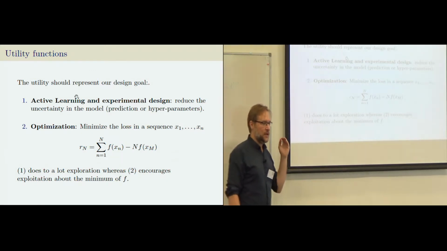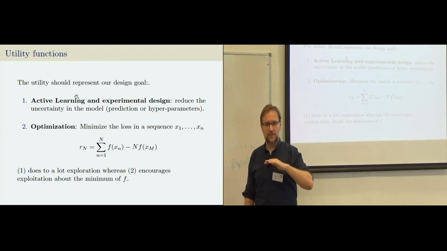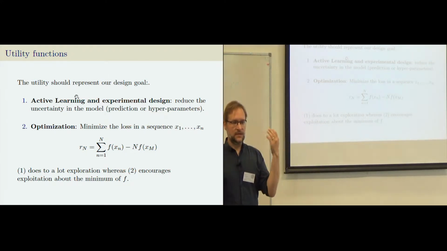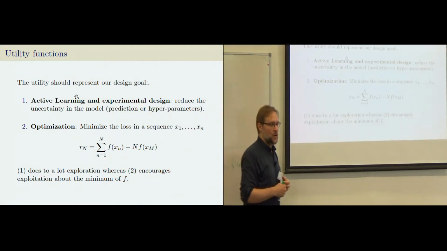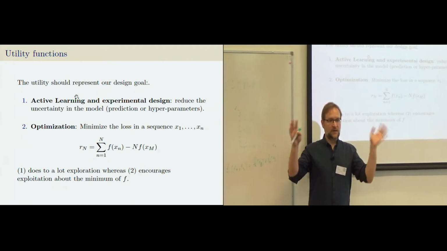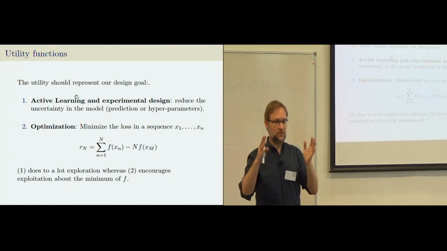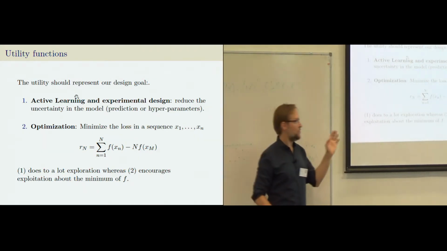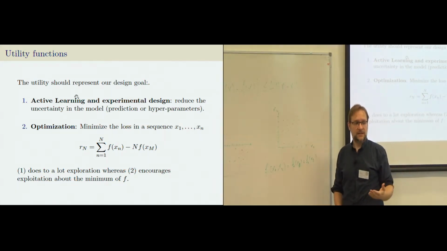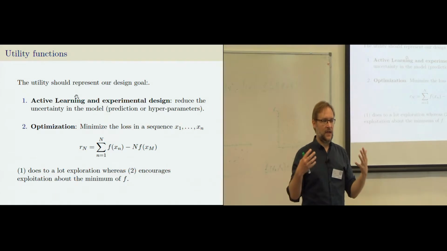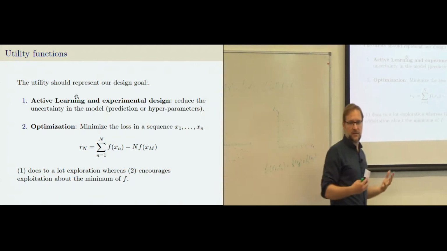We were saying, well, once we have constructed the distribution of the minimum, if we want to collect a new point, we will do it in a way that maximally reduces the entropy of that distribution, right? If you wanted to know more about the integral of the function, you would need to collect points that maximally reduce the distribution over the integral, right? If what you want to do is just to know about f, and that's what you typically do in active learning or experimental design, you need to come up with something that reflects that objective with the sequential decisions that you are making, right?